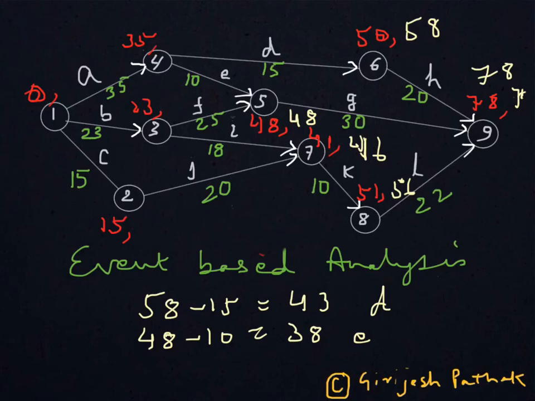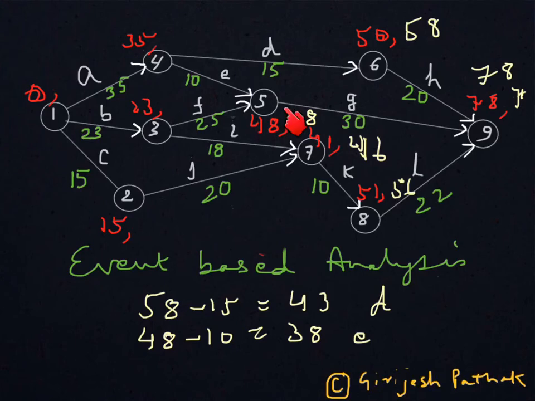Now again here, suppose you take 43 as latest time, then 43 plus 10, that gives you 53. You will notice that E will be getting over after 53 days, so you will not be able to reach node 5 before 48.